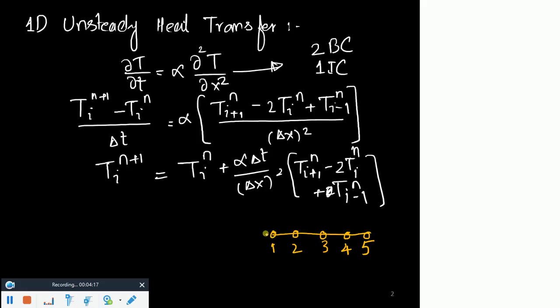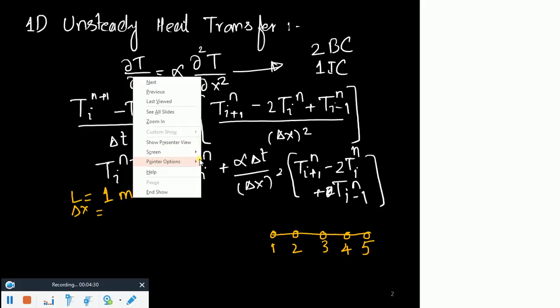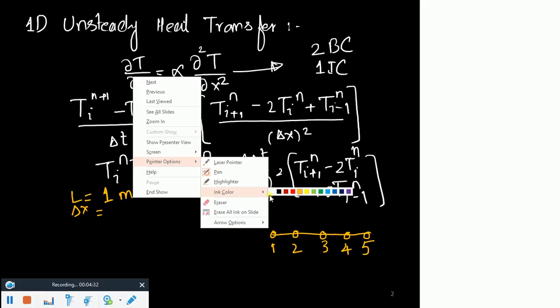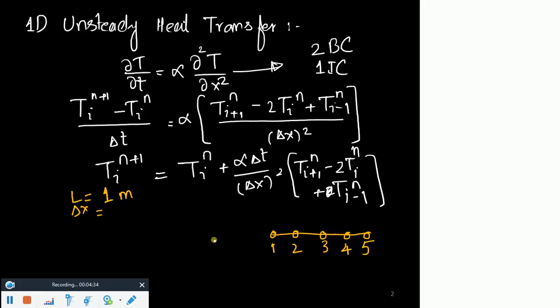Let's say L is equal to 1 meter. The total length is 1 meter. And delta x, if we divide it, how much would it be? 0.25, 0.25, 0.25, 0.25, right?